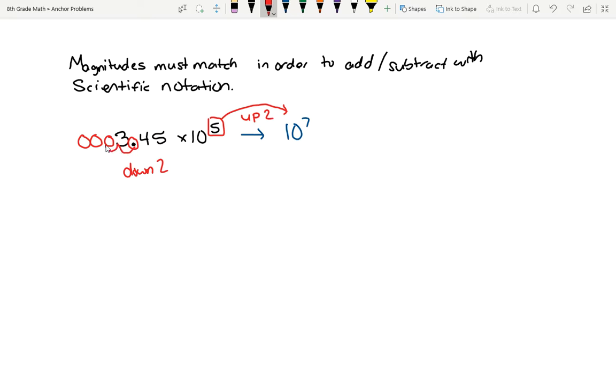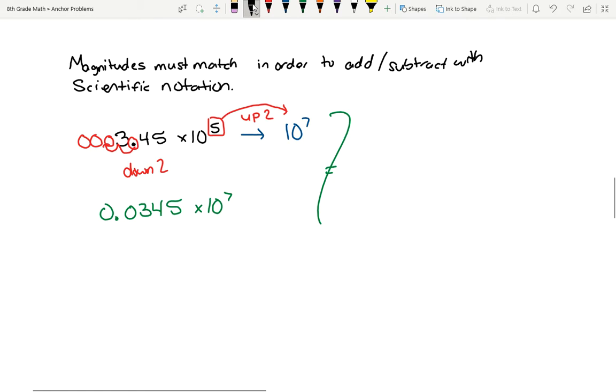So 1, 2, this is going to then be equivalent to 0.0345 times 10 to the 7th. 3.45 times 10 to the 5th is equivalent to 0.0345 times 10 to the 7th. Now that's the direction I'm encouraging us to go, taking the smaller ones and matching the larger ones.